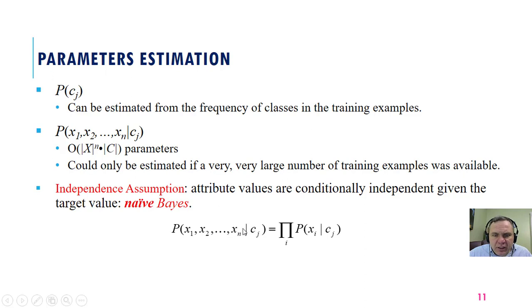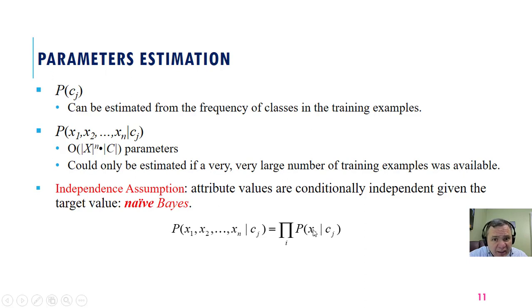The idea is really simple. We would assume that the probability of the feature and the class will not depend on the occurrences of the rest of the features. So we would say the probability of the feature x1 given class Cj is independent from the probability of the feature x2 given the class Cj.